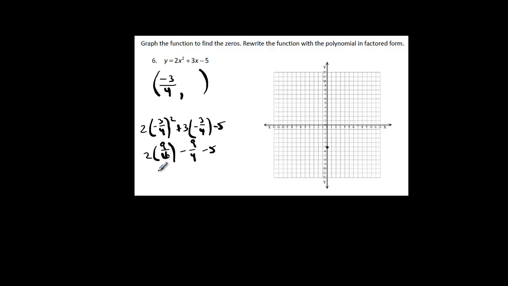The 2 goes into 16 8 times, so 9/8. Let's make this eighths, so negative 18/8. Make that eighths, so negative 40/8. So we're going to have a negative 18 and a negative 40 is negative 58, plus 9 is negative 49, so negative 49/8.